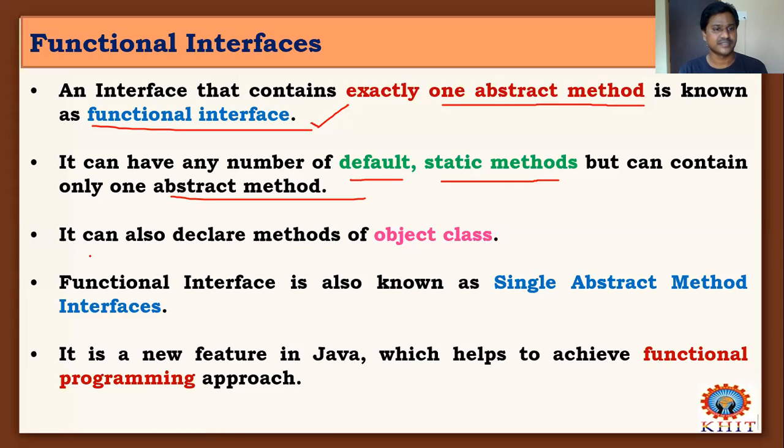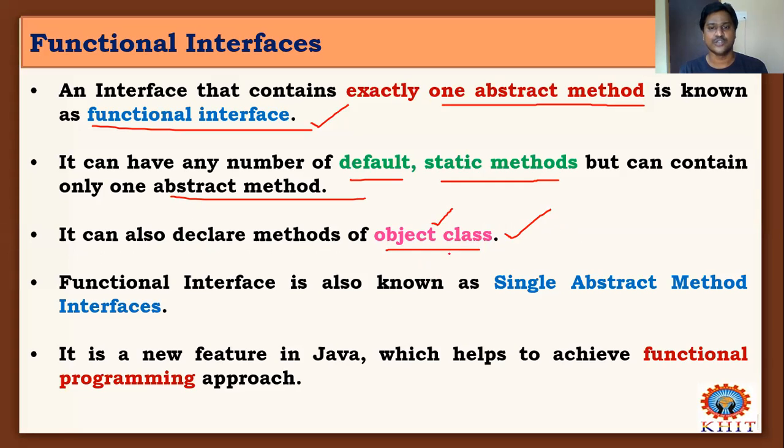It can also declare methods of the Object class. And in the last video, we saw this point about an interface being able to declare the methods defined in the Object class also. The Object class is a universal superclass to all the Java classes defined in your programs or projects.